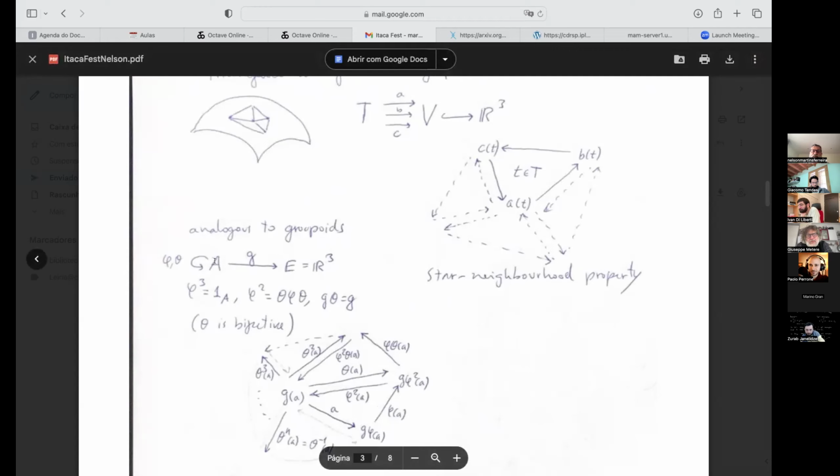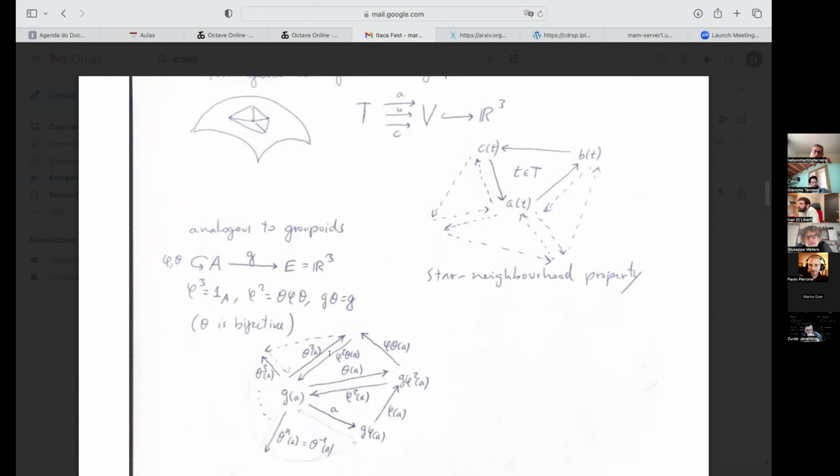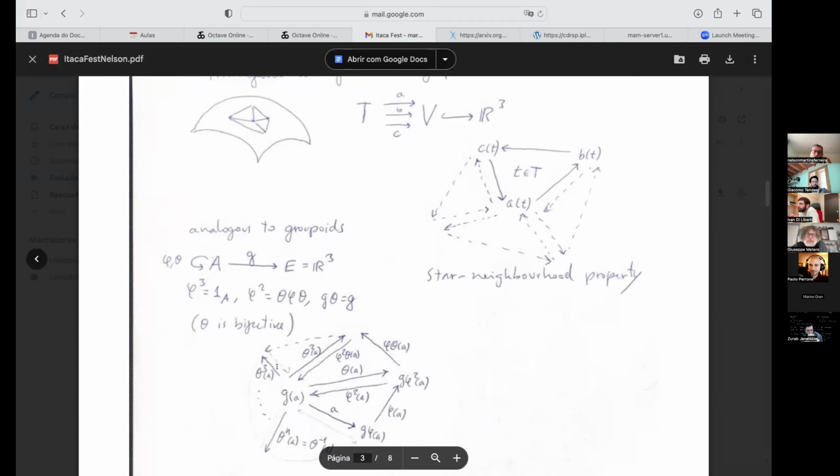So this is now the collection of edges. Each edge is indexed, and phi is the following edge in each triangle. And theta is the adjacent edge in the adjacent triangle. And if you then take a look, these conditions are just encoding the star neighborhood property, which is now just saying that theta is bijective.